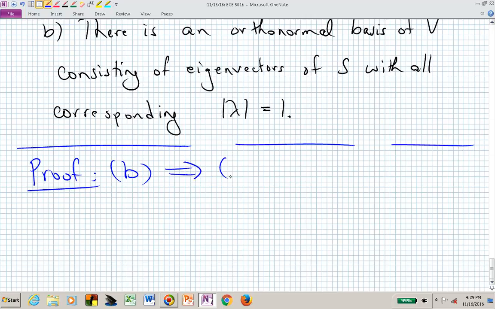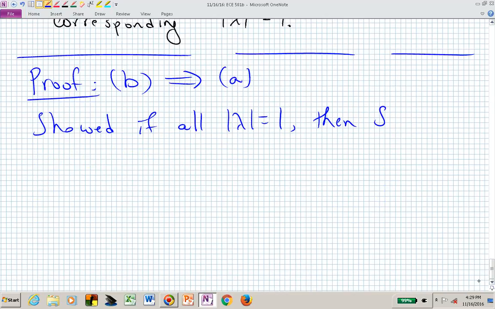The B implying A, we showed if we had all of our eigenvalues with an absolute value of 1, then that linear operator S is an isometry. It preserves norms. Remember, the norm of SV is equal to the norm of V. That's true when S's eigenvalues all have absolute value 1.